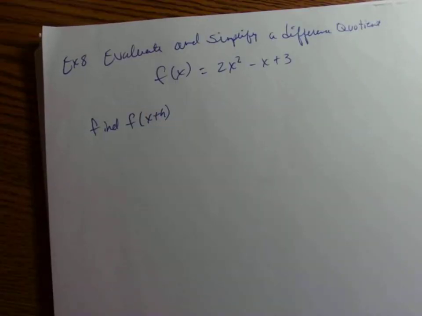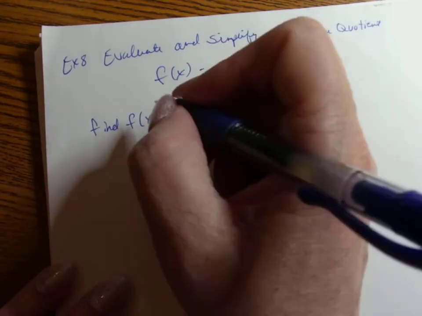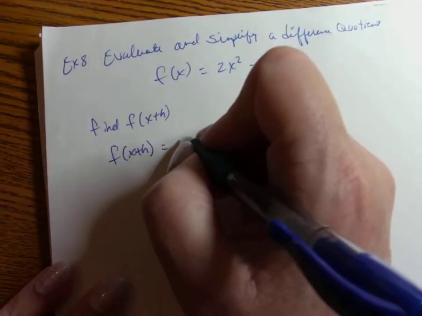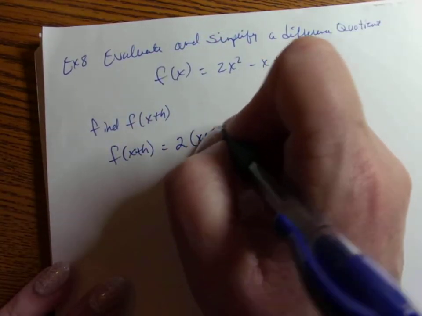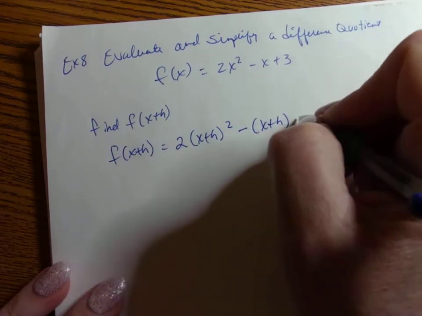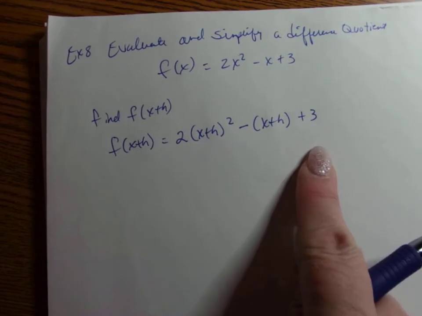So it may seem a little weird looking, but we've already been doing some of it. Some students really struggle with the h part. So f of x plus h equals 2 times (x plus h) squared minus (x plus h) plus 3. That's all we're doing, just plugging in the x plus h.